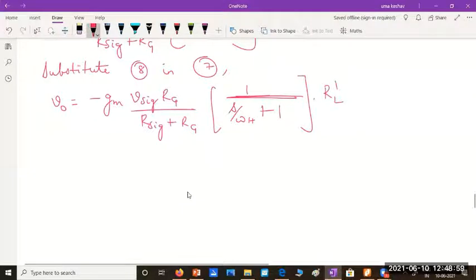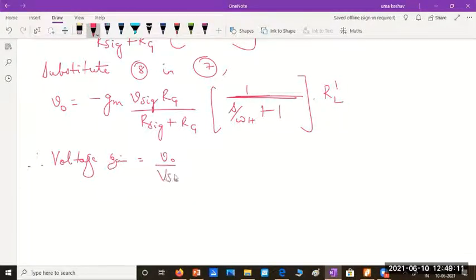So what are we interested in? We are interested in the voltage gain. Therefore, the voltage gain V0 by V sig. I'll bring this V sig to the left hand side.